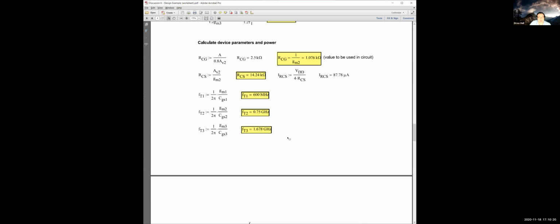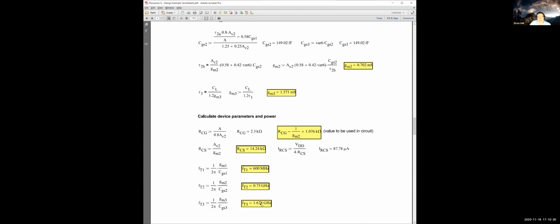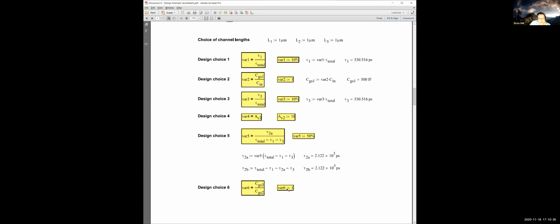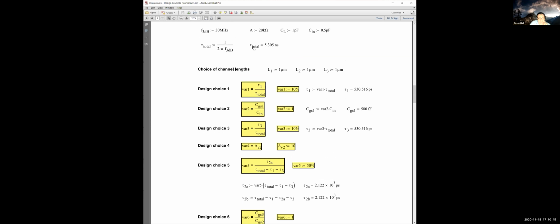It's working pretty hard. Essentially what I'm having to do is I'm dumping a lot of GM in order to meet the bandwidth of this, right? And so if I think intuitively for a second, why is that the case? Well, it comes back to this design choice here, 3. The fact that I'm only giving the output time constant 10% of this total budget that I have in order to meet the bandwidth.